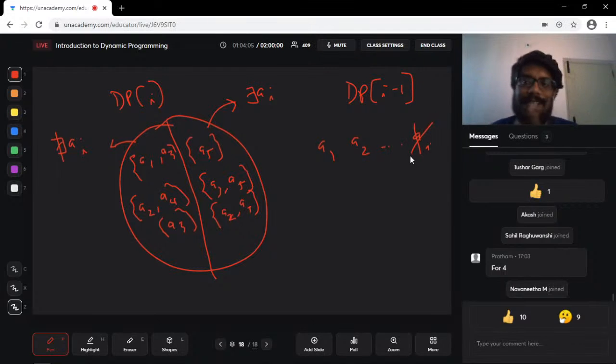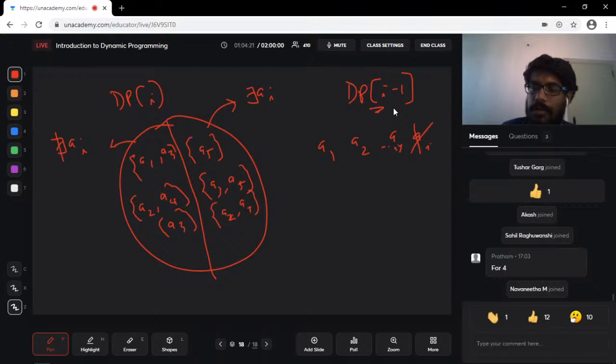So if it doesn't contain ai, it just means it's a subset of a1 to ai minus 1. So it's just all valid subsets of a1 to ai minus 1, which is exactly what we considered when we were looking at dp i minus 1. So this bag is nothing but the dp i minus 1 bag.